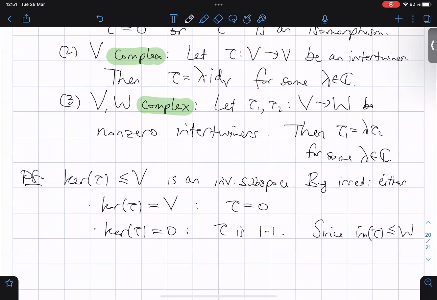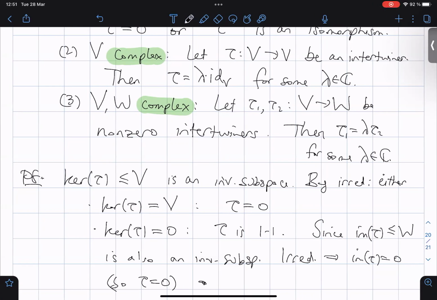We could also look at, in this case, the image. The image is also an invariant subspace. Once again, W is irreducible, so that tells us that the image is either 0, so image is equal to 0, so tau is 0, or the image is the whole thing.